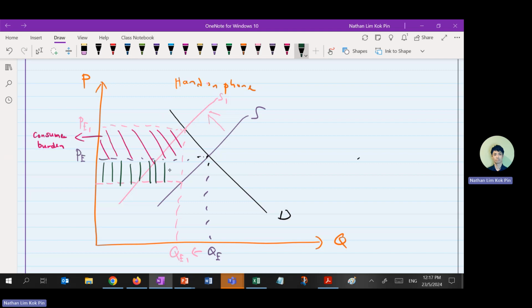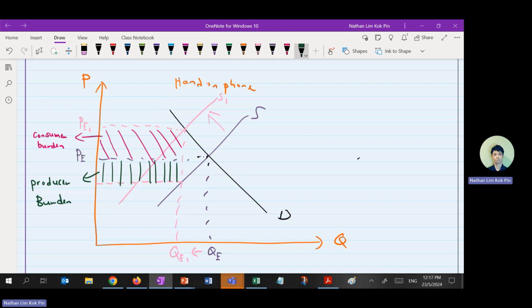The one below is known as the producer burden. This shows the area that the producer has to absorb. Consumer burden plus producer burden together is the total tax revenue collected by the government. Does that make sense? Producer plus consumer is the total tax revenue.